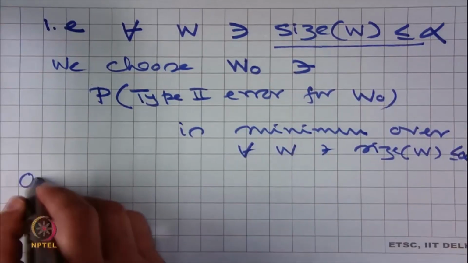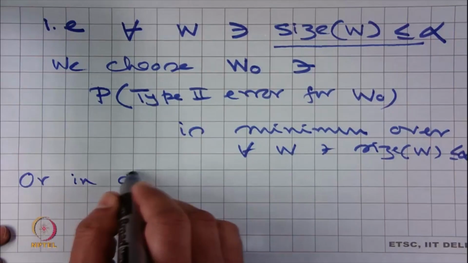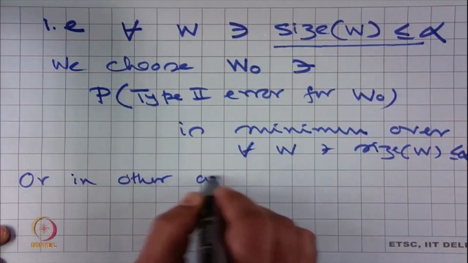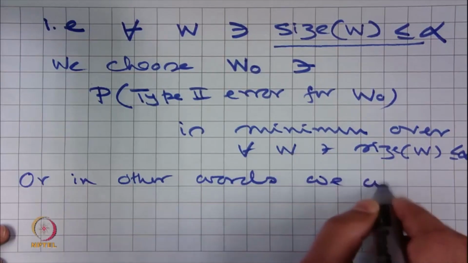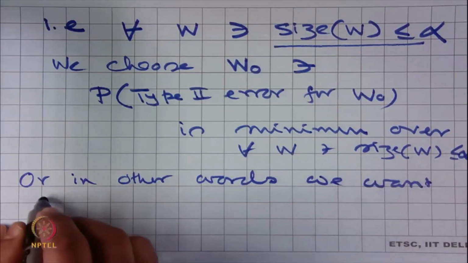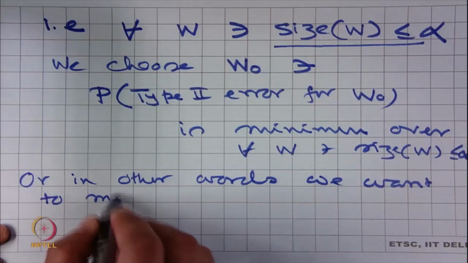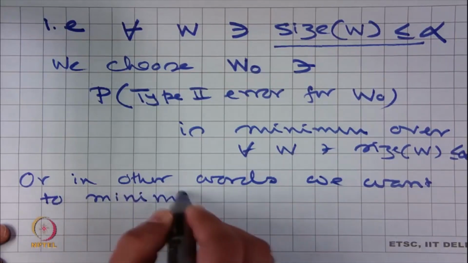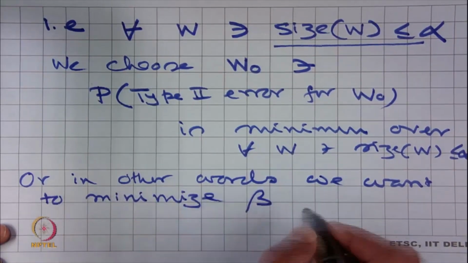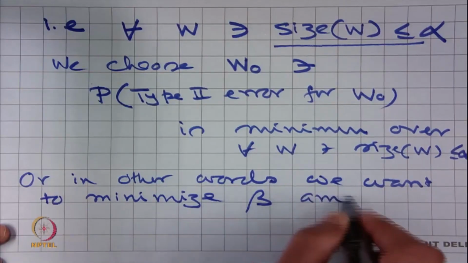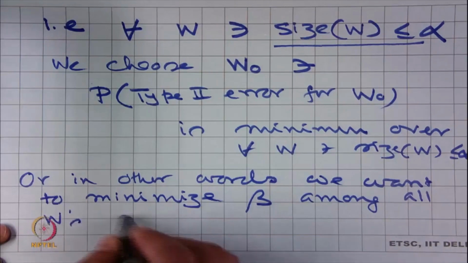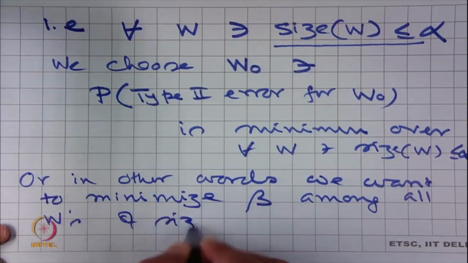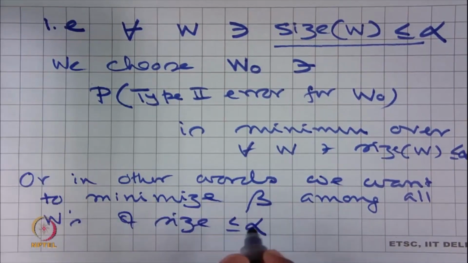Or in other words, we want to minimize beta among all W's of size less than or equal to alpha.